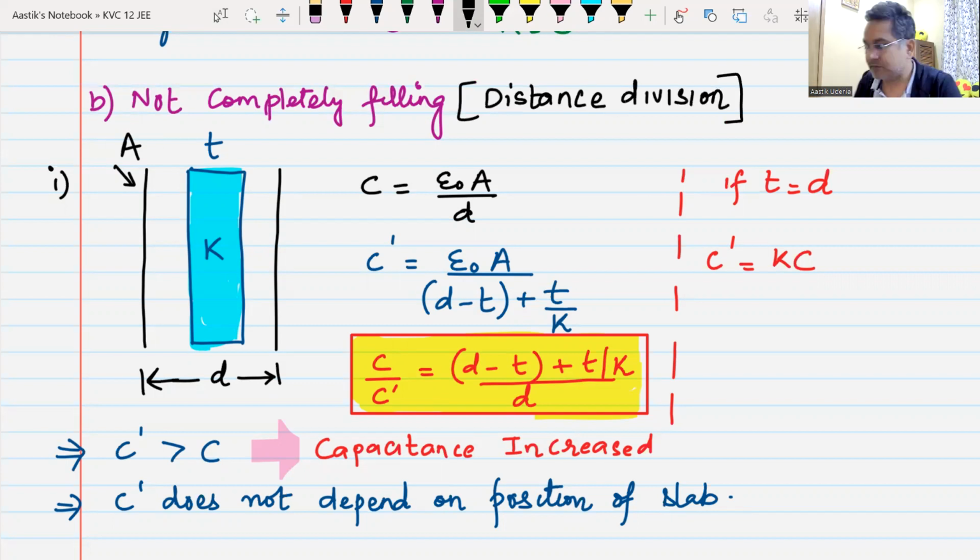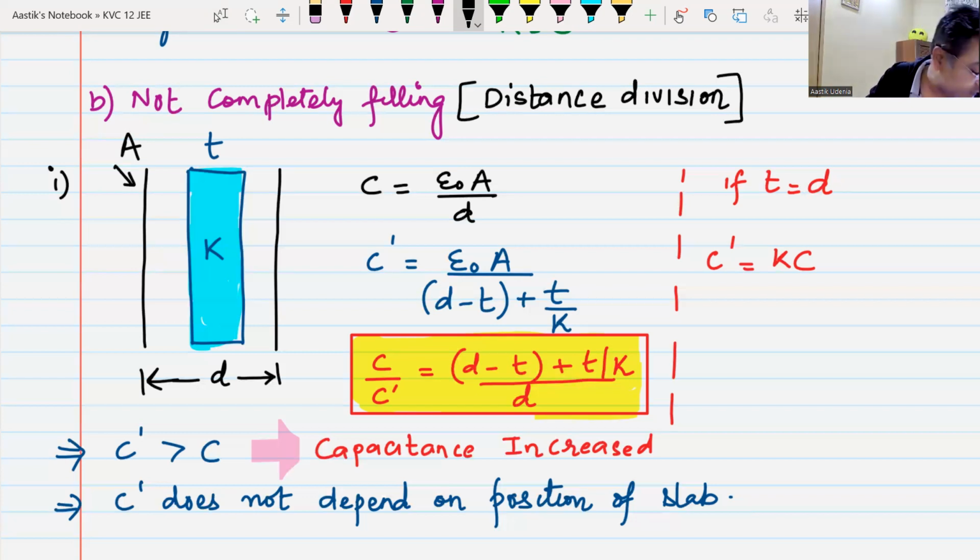Because these dielectric slabs have the same area as the area of the capacitor plates, but they have different distances, different thickness, and they are dividing the distance between the capacitor plates. Do we understand this? Yes or no? Do we understand this? Yes, sir.